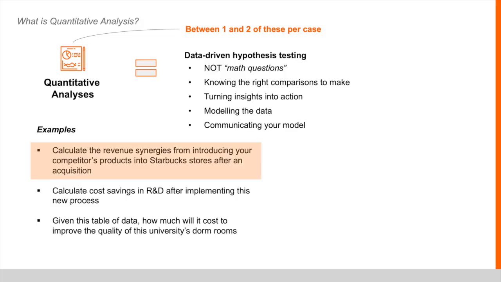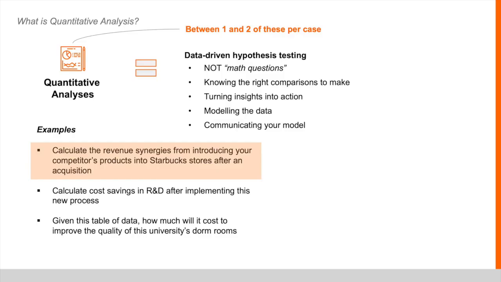Imagine we are working on a potential merger, and our client is the manufacturer of a product that is sold in Starbucks. And of course, the client wants to acquire a competitor. You're working on the revenue synergies front of the project, and you get to a moment where you will calculate the potential increase in revenues from adding the competitor's products next to your own in Starbucks shelves.